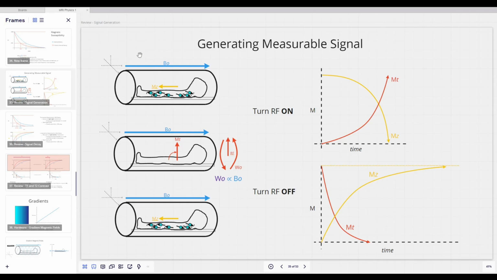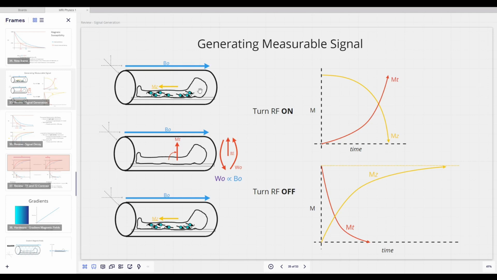So we started out talking about how we generate some measurable signal in a patient. And if this is our MRI scanner, we talked about how a patient at rest out in the waiting room doesn't have any net magnetization.